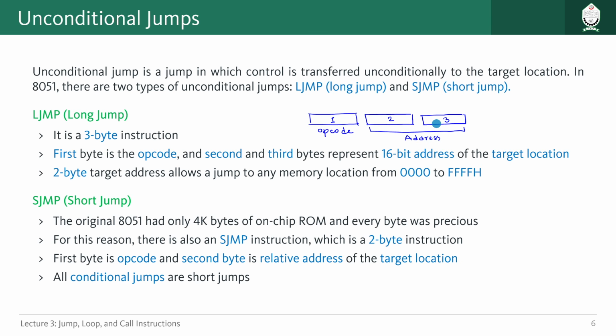And obviously this is very easy to implement and easy to understand, because we have 2 bytes for the memory address, we can locate anywhere from 0000 to FFFFH on the ROM.